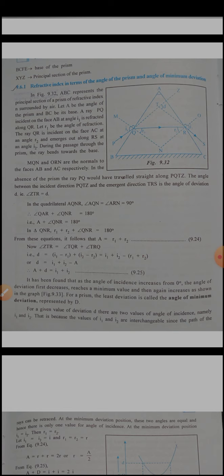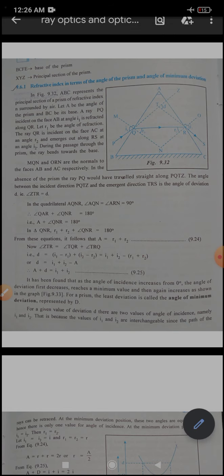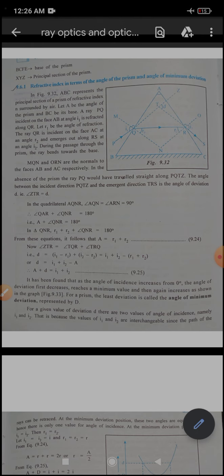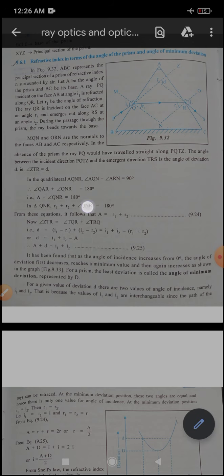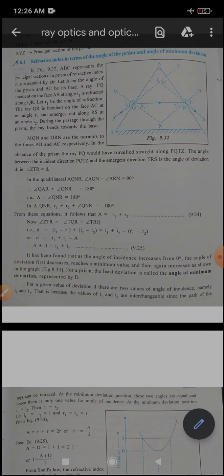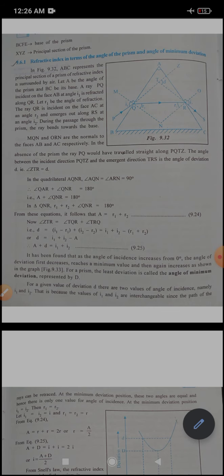Next, in the triangle QNR, R1 plus R2 plus the angle QNR is equal to 180 degrees. So the angle QNR equals 180 degrees minus (R1 plus R2).